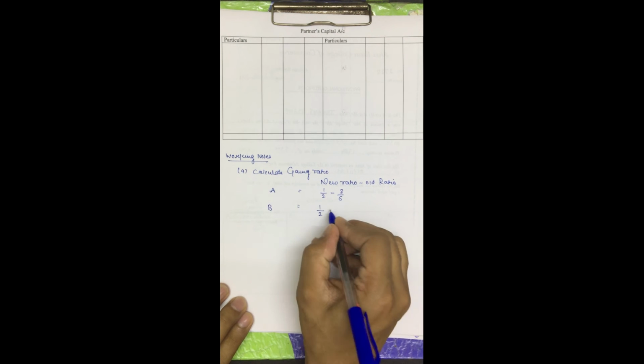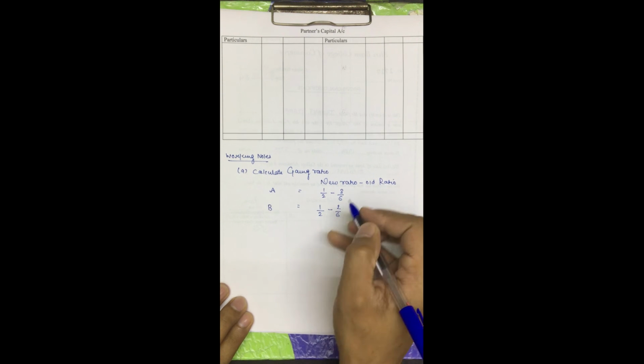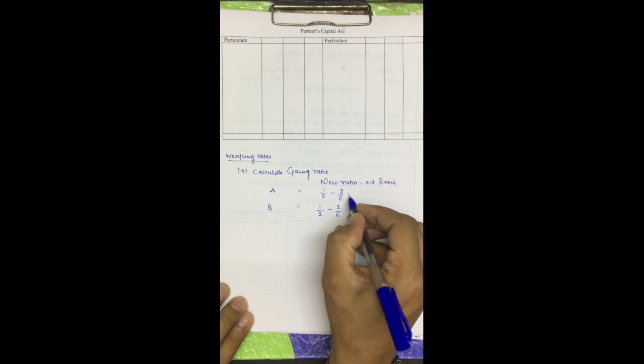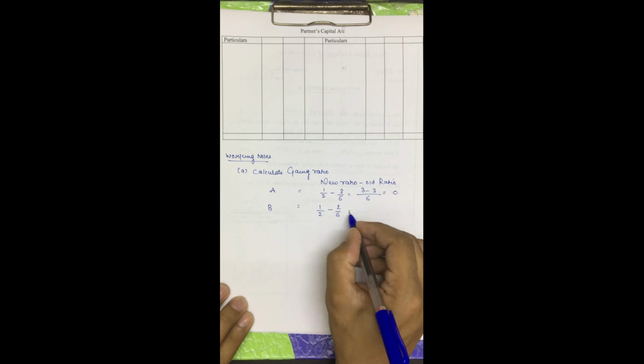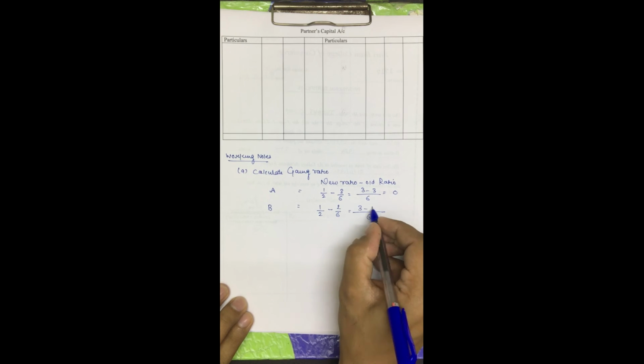New ratio is given 1:1, 1 by 2 minus 2 by 6. If we take LCM 6, that is 3 minus 3, that is 0, and 3 minus 2, that is 1 by 6, is equal to gain. So B has gained, and A will gain nothing, that is 0.